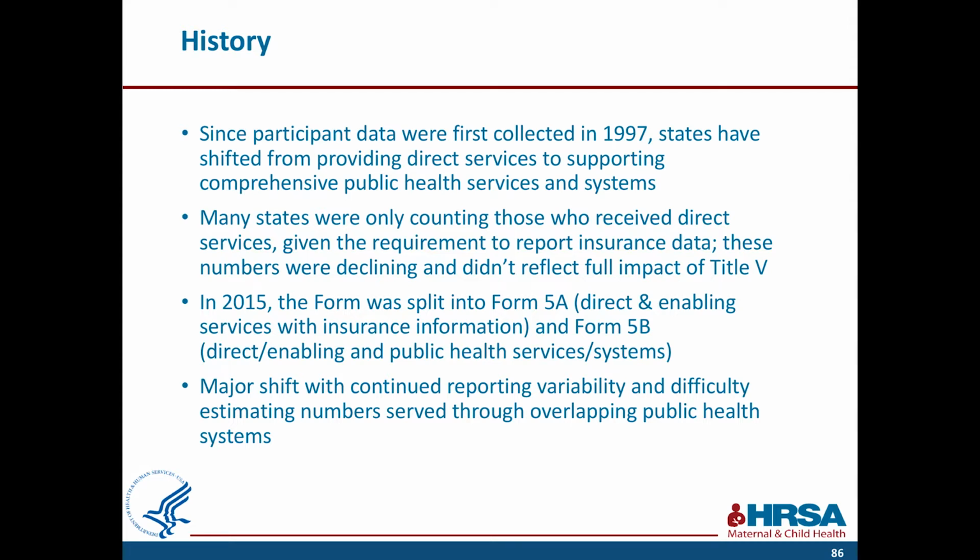So in 2015, as I said, as part of the guidance under the transformation, we came up with 2 forms, 5A and 5B. And 5A was really recognizing some states are much more comfortable with reporting an unduplicated count. And of course, we all want that. It's very hard to achieve. So 5A is looking at unduplicated to the degree it can be, but it's really your direct and enabling services. And you may be relying on clinic records and these kinds of things.